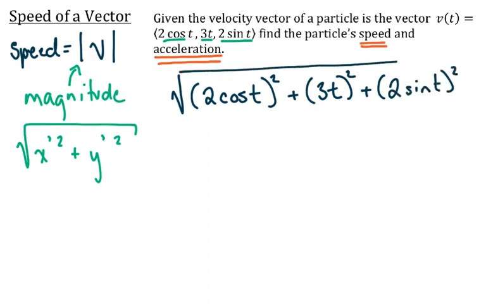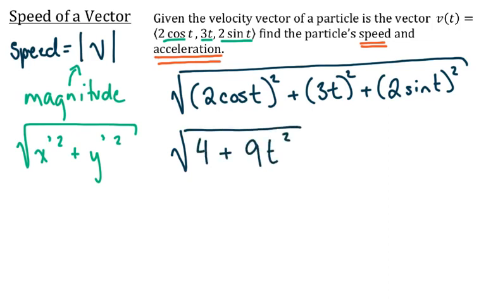The Pythagorean theorem absolutely holds in 3 dimensions, and you can simplify this because we're going to end up with a cosine squared and a sine squared being added together. We can do some nice simplification, and we end up with 4 plus 9t squared as the general equation for the speed of this particle.